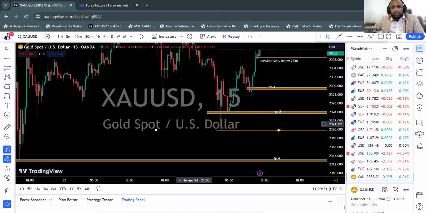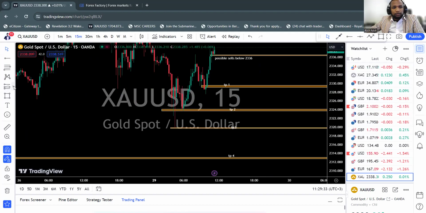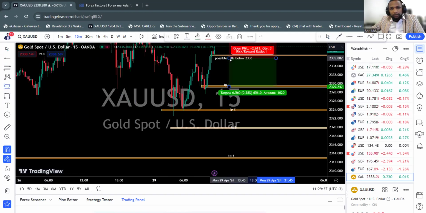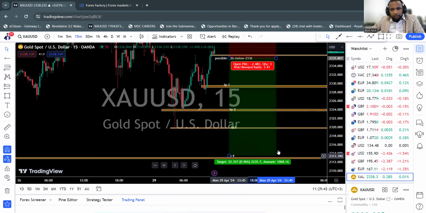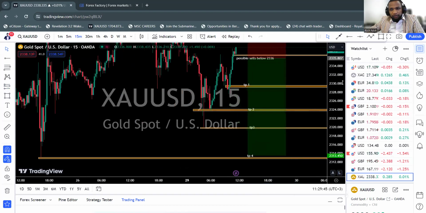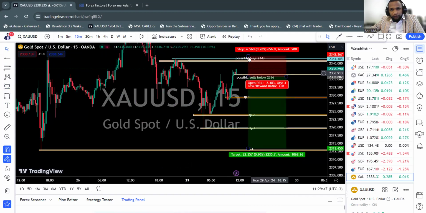This is if we get some very good pressures on the sell side. But remember, the overall trend is bullish. So you don't want to be caught holding long-term sell orders on gold right now. You don't want to get yourself caught in this.